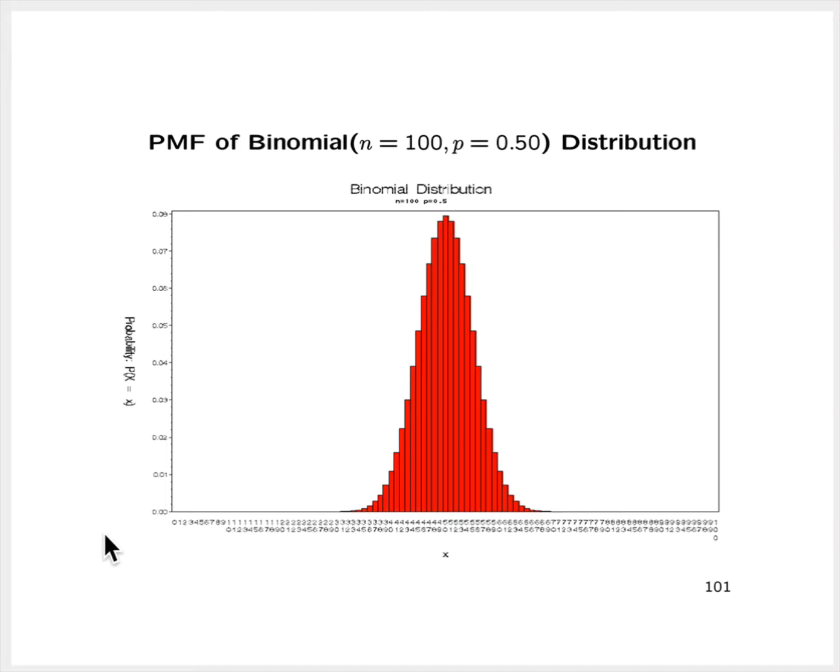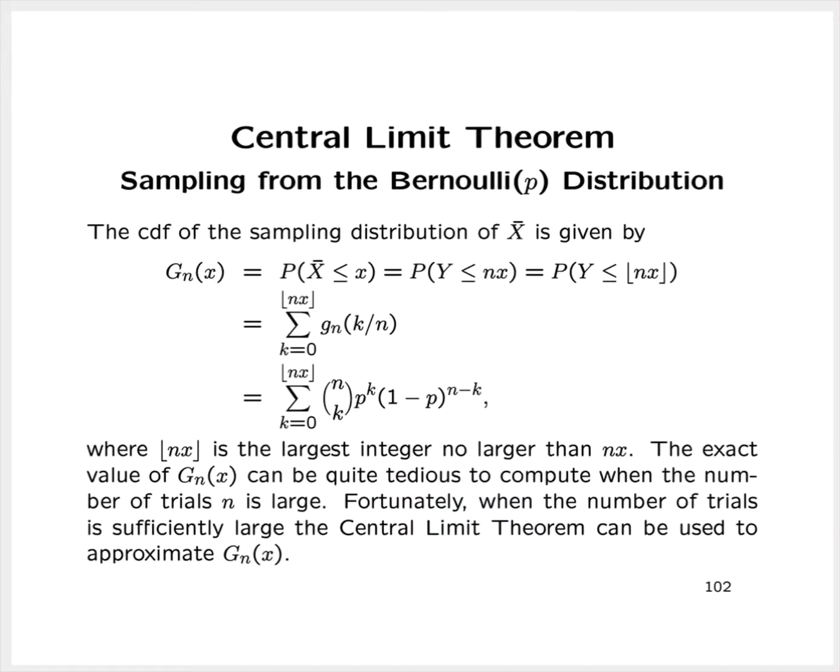The closer that p is to 0, the greater the degree of skewness. As p is closer to 1, the greater the degree of negative skewness. And so, in order to determine what sufficiently large means in this context, we do have to take p into account. We'll do that coming up in some of the slides.